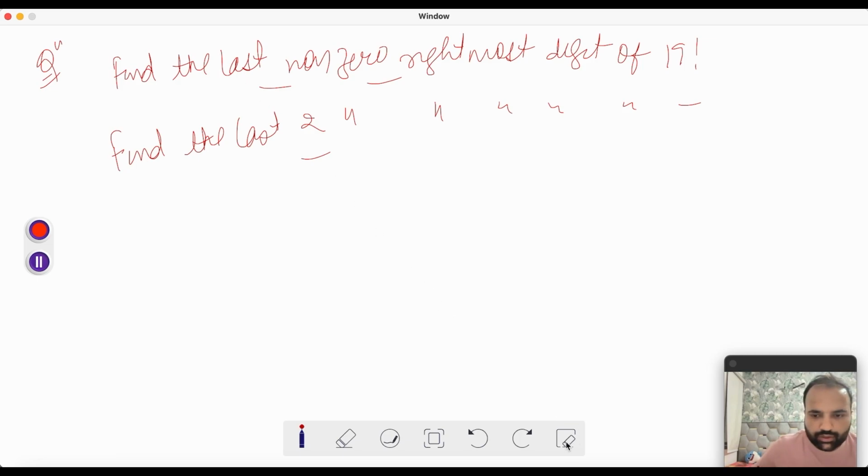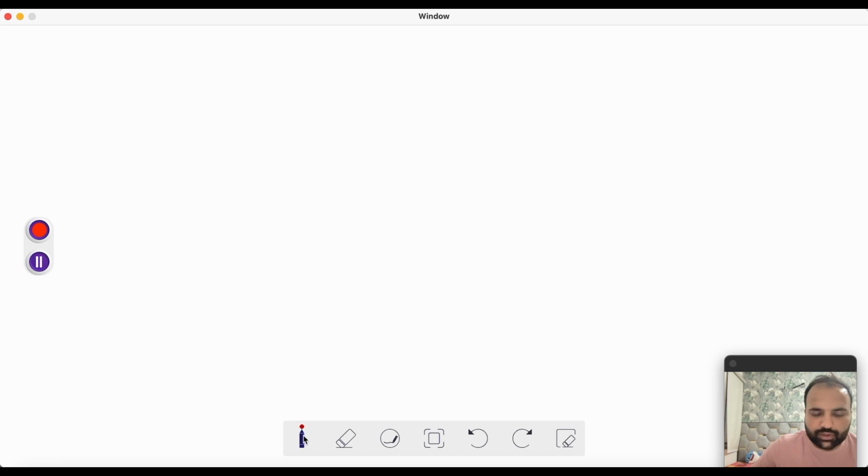Okay, so let's begin. There are multiple ways to do this. The first way: let's say there's a factorial n. We have to break this in the form of 5a plus b. So if 19 is given, we divide it by 5.